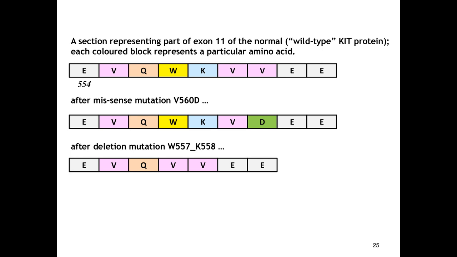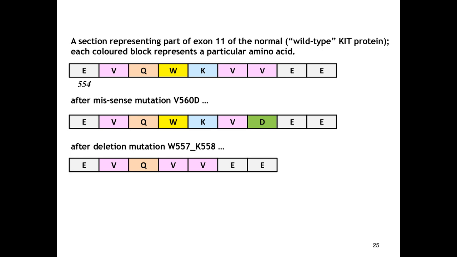Each one has a one-letter symbol, A, B, C, D, in this case E, P, Q, and so on. So what we're looking at here is just a little section out of the hundreds of amino acids in the KIT protein. This is just a little section of exon 11, beginning at residue 554, which happens to be a glutamic acid represented by E, and then the next 10 or so amino acids in the protein.